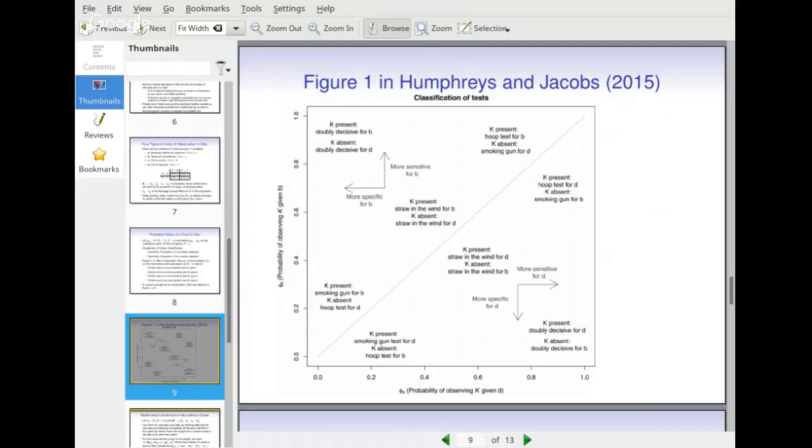So the bad clues are going to be on the diagonal. Good clues, if you can find them, will take you off the diagonal, and that is said to have a lot of probative value.